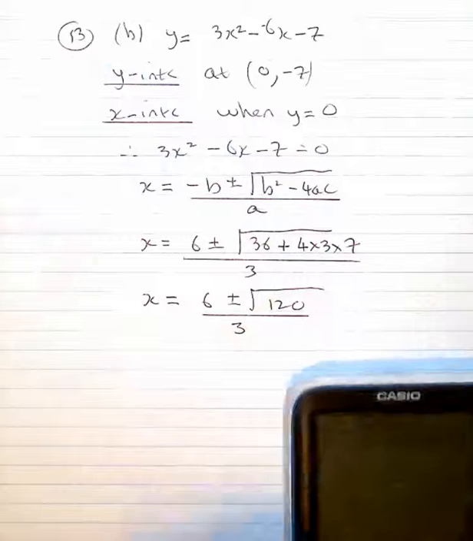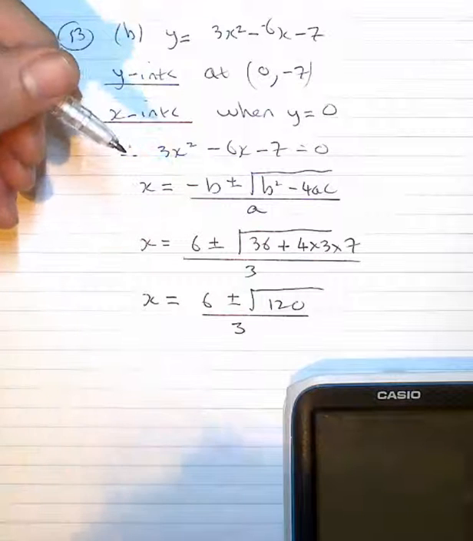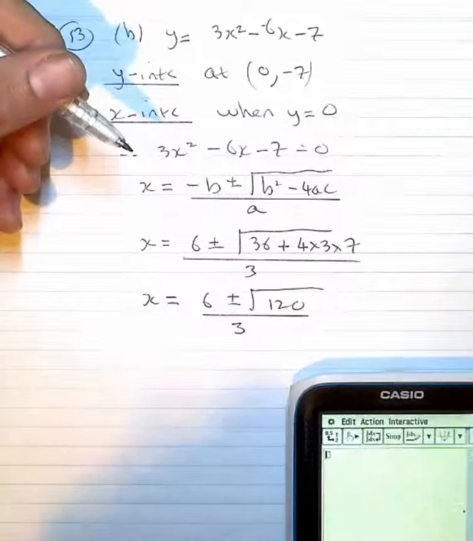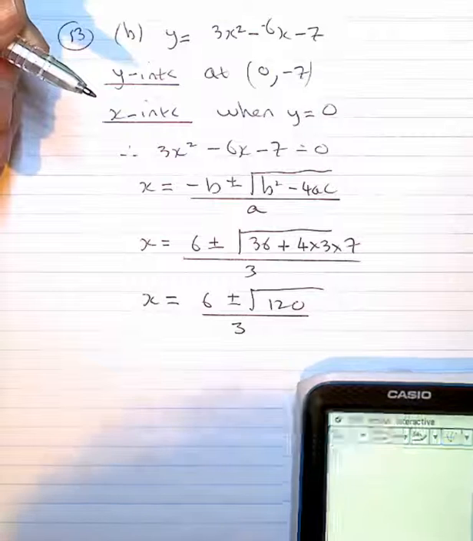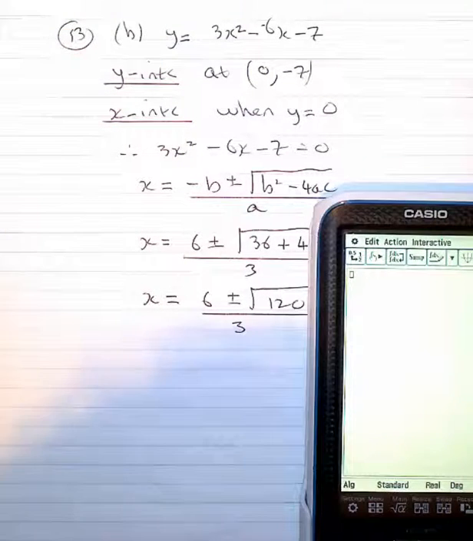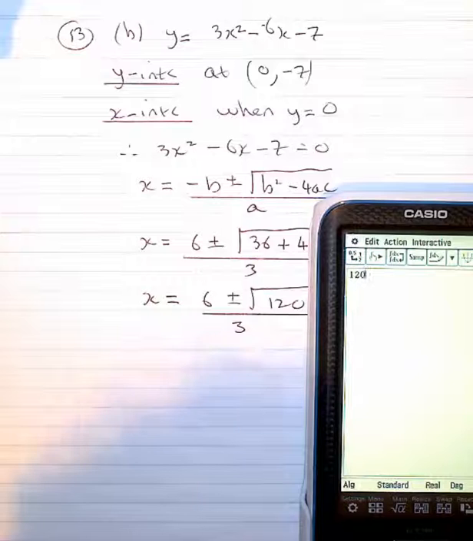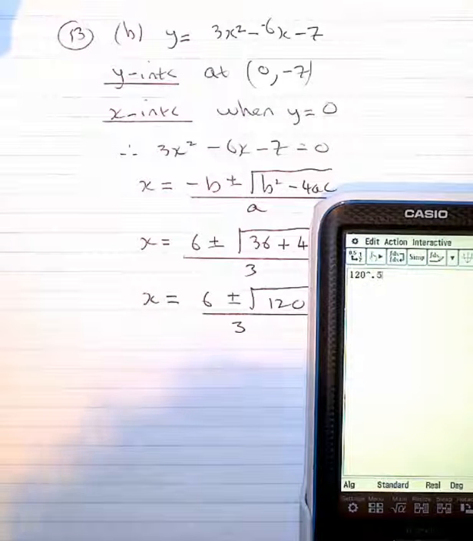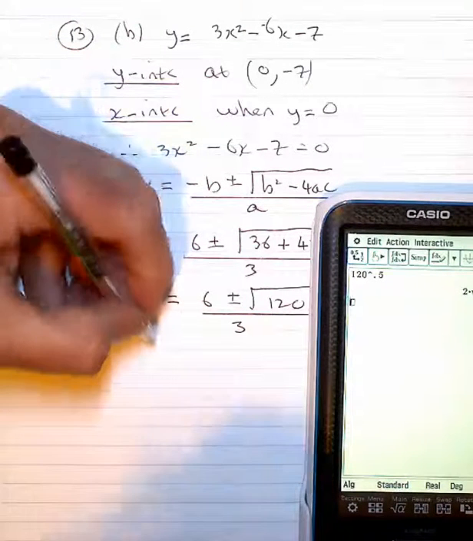So x is equal to 6 plus or minus the square root of 120 over 6. Now, square root of 120 is going to reduce down a little bit. I'm just going to cheat a little bit, so-called cheating, and find that on my calculator. So I'm taking the square root of that, which becomes 2 root 30.